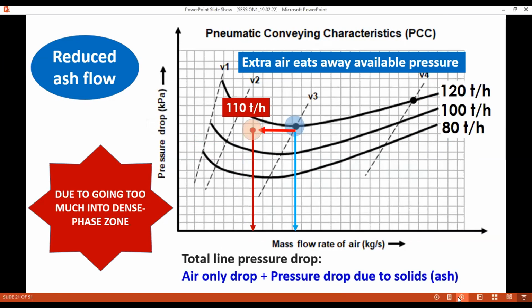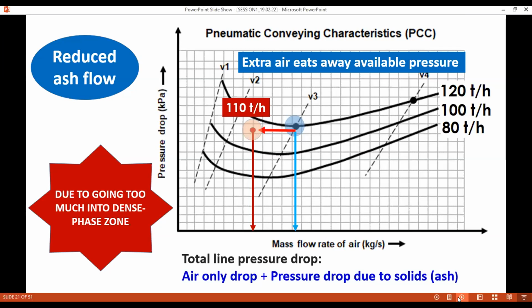And so what he has given you is the red dot point. Now the problem with the red dot point is that, as you can see, if you simply go to the left horizontally, now you are below the 120 ton per hour capacity line. And therefore, your tonnage will actually get reduced. So let us say now it is 110 ton per hour.